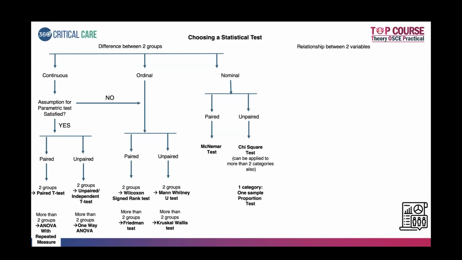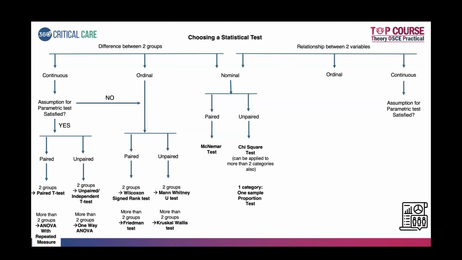So these are the tests that can be done in cases there are assessment for difference between two groups. The next one is for assessing the relationship between two variables. So under that also, you can classify it as continuous, ordinal, and nominal. So under continuous, you make an assumption for the parametric testing.